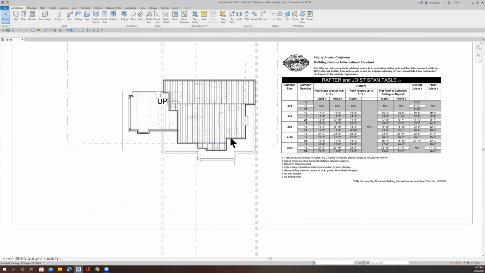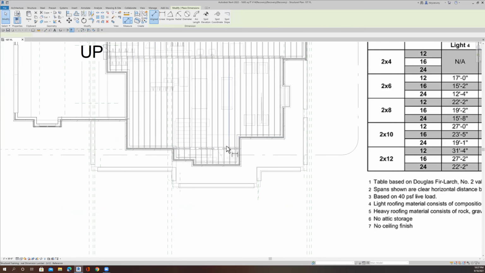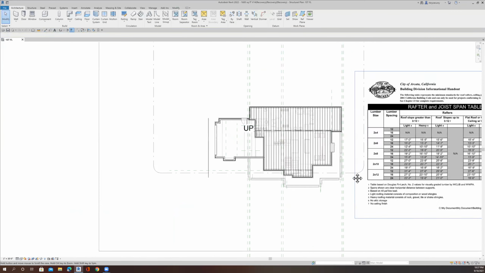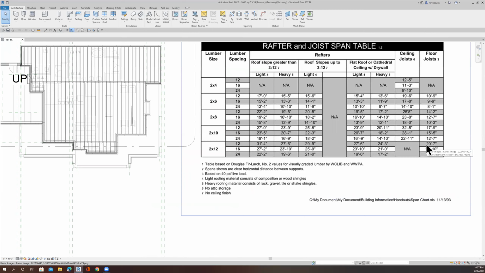Because right now the span is to here, which is 20 something. Let's take a look at what I got here. 21 feet. There's no way that's going to happen. It's going to happen. And so 2x12, span 20 foot 7 at 12 inches on center.